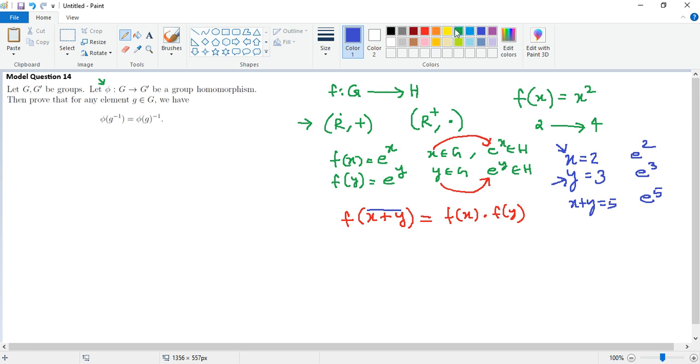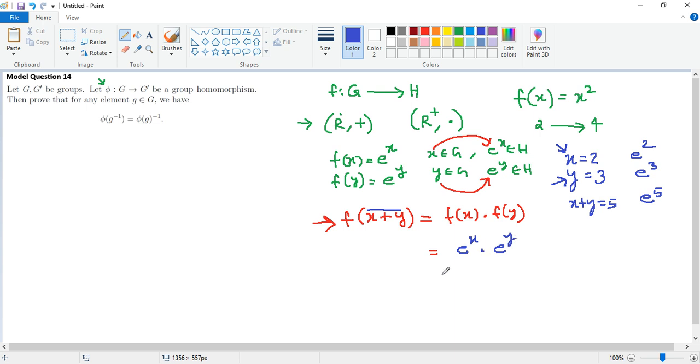What this says is that this function is homomorphic, because if I do f of x times f of y, f of x is e to the power x and f of y is e to the power y.